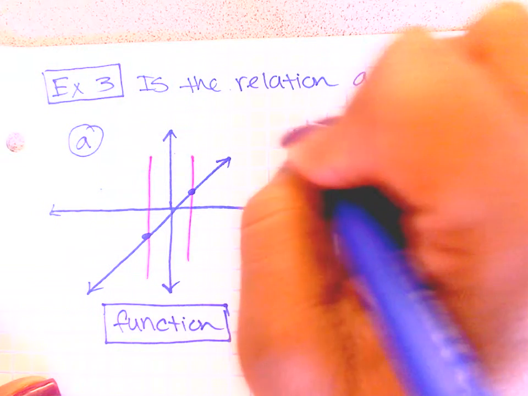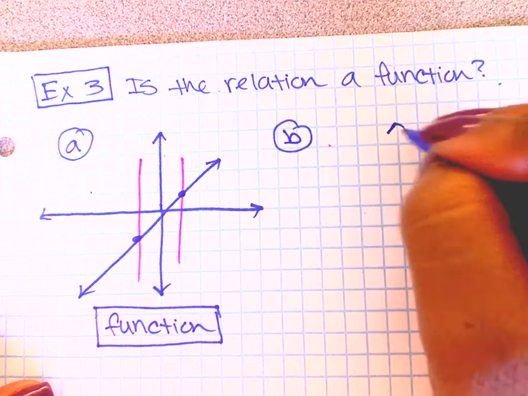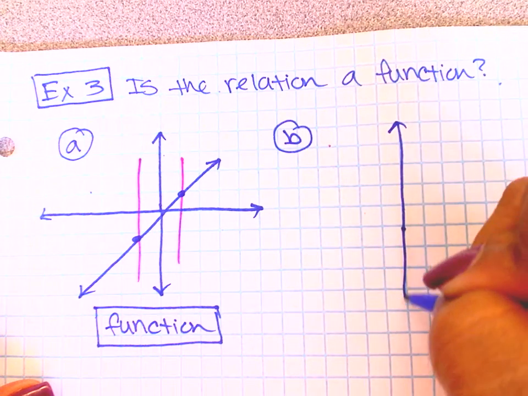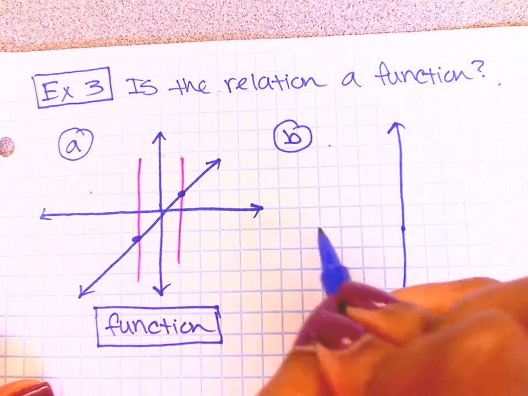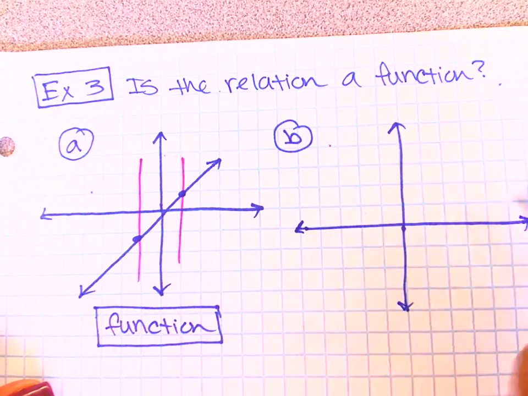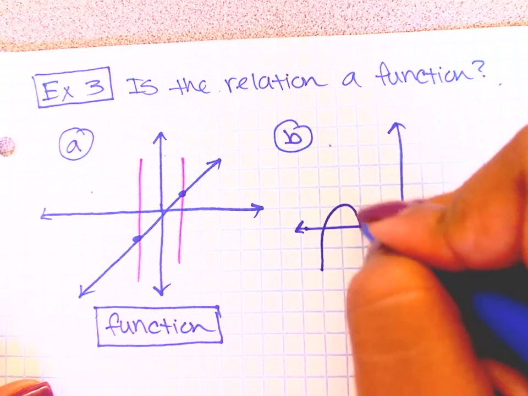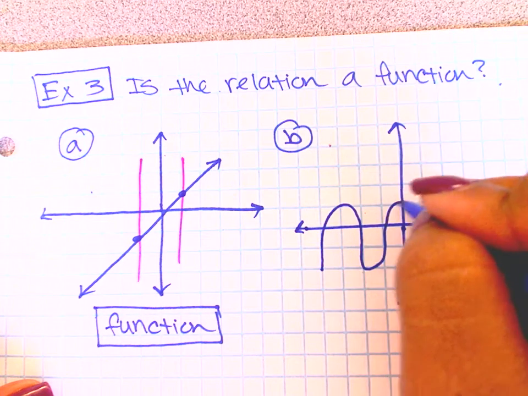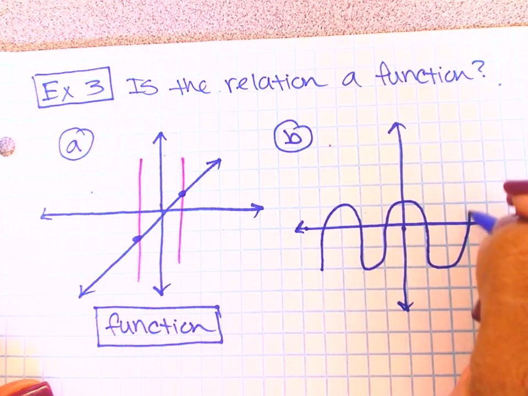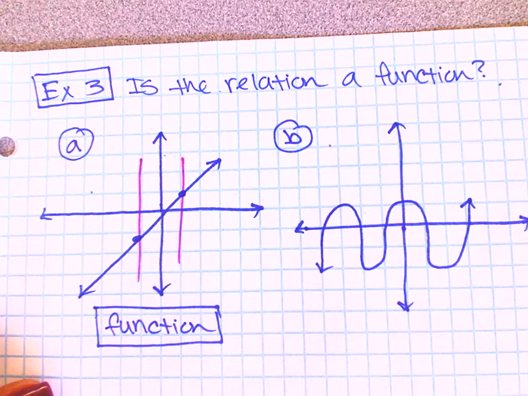Let's try graph letter B. You might get a graph that looks like this. Whoa. A little squiggly line.